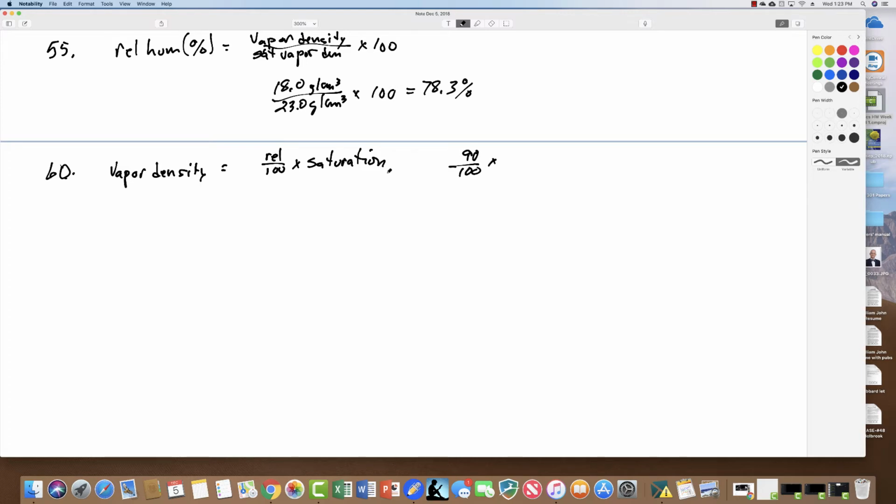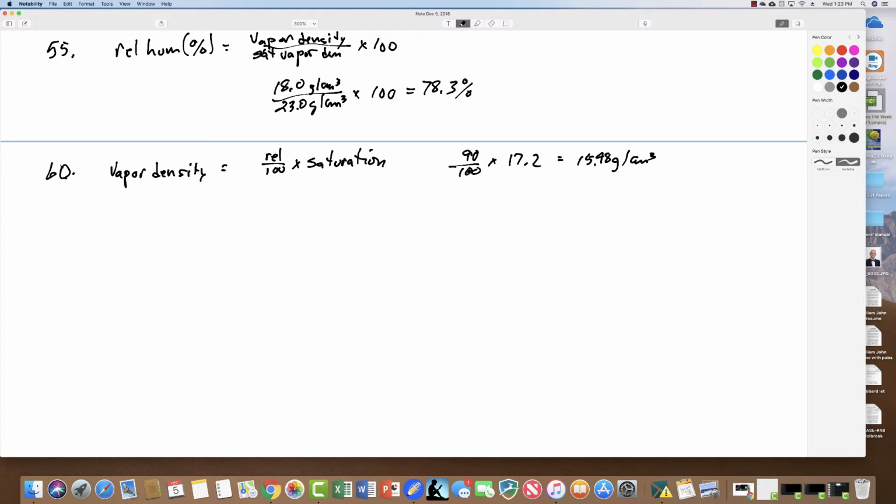At 20 degrees, the saturation is 17.2. If you multiply that out, it tells you that the vapor density is 15.48 grams per cubic meter.